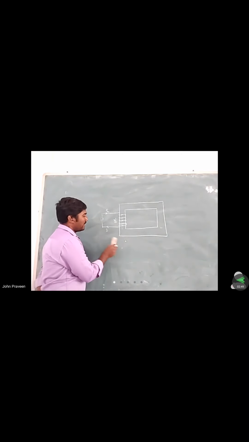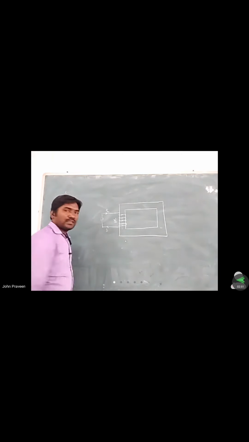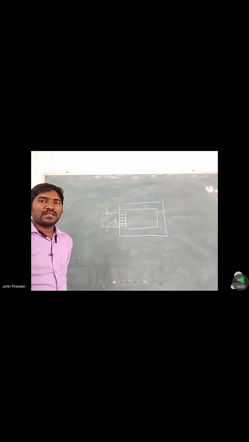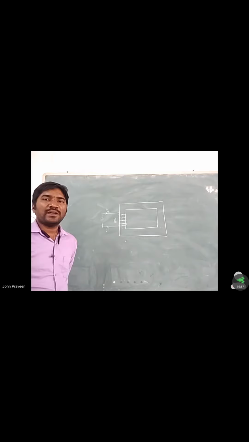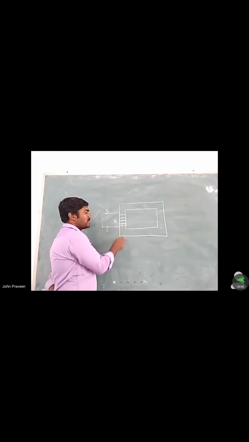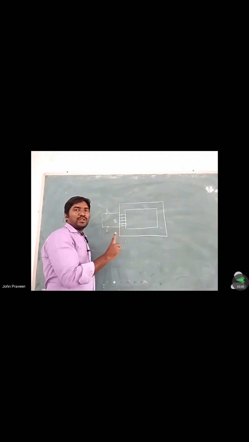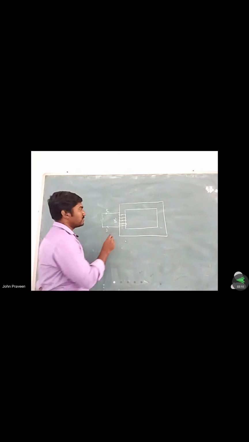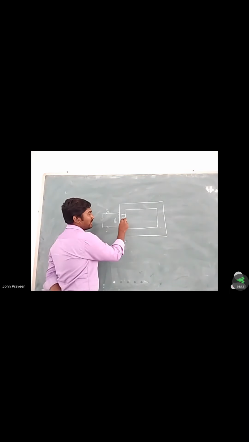What we assume here is that a unit north pole is generated. In the previous classes, we discussed that whenever current passes through a conducting material, it creates an electromagnetic field. So when the supply is connected to this winding, we assume a unit north pole is generated at the center of this limb.